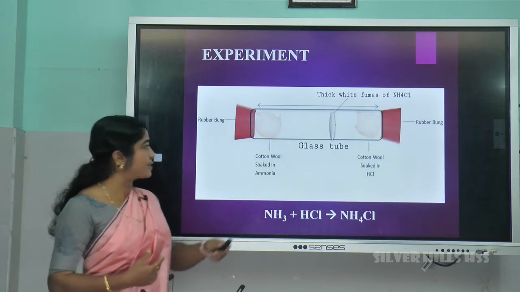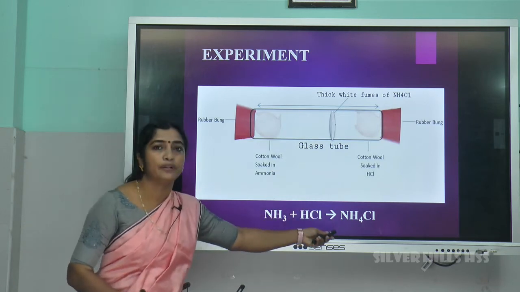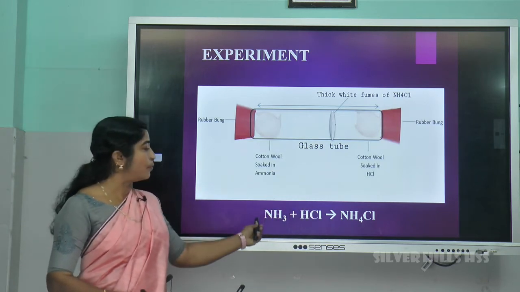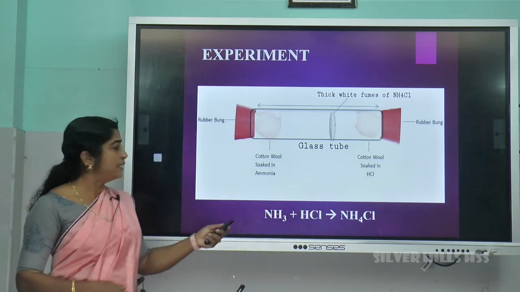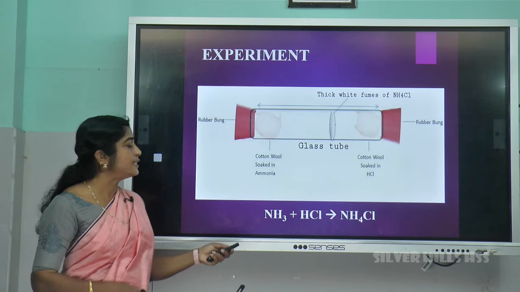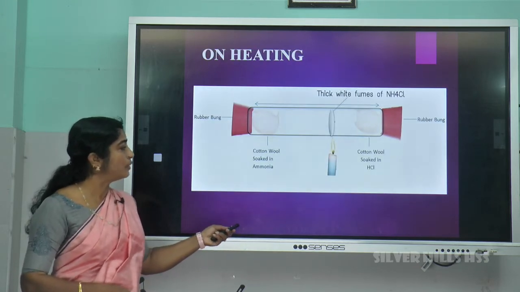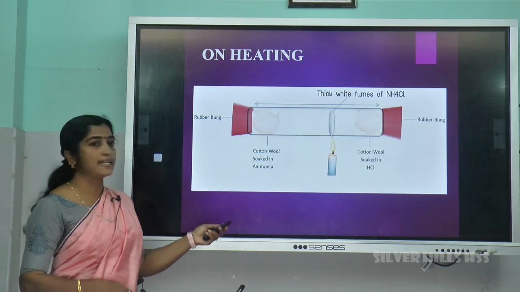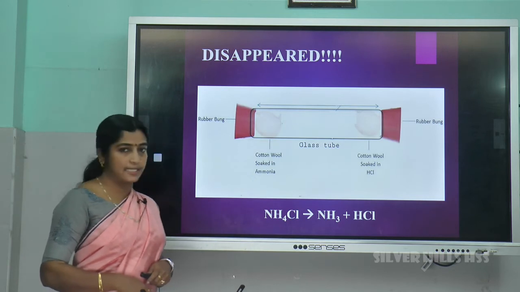See, in the first reaction, ammonia combines with HCl to form ammonium chloride. Here the reactants are ammonia and HCl, and the product formed is ammonium chloride. But in the second reaction, on heating this ammonium chloride, the reaction can be expressed as NH4Cl gives NH3 plus HCl.